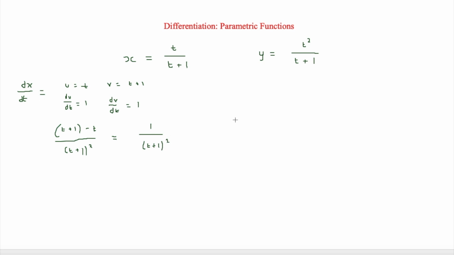So now we need to differentiate this to get dy over dt, and we'll do it in a different colour to show. So dy over dt. So this time, what we have is u is here equal to t squared, and v is also equal to t plus 1. Therefore, du over dt is going to be equal to 2t. dv over dt, though, is going to be equal to 1.